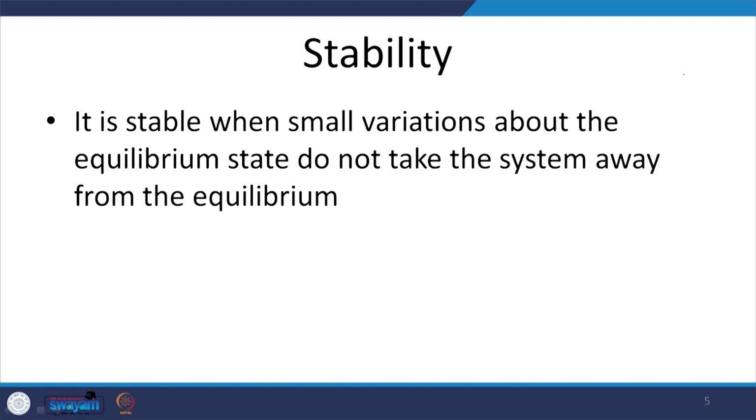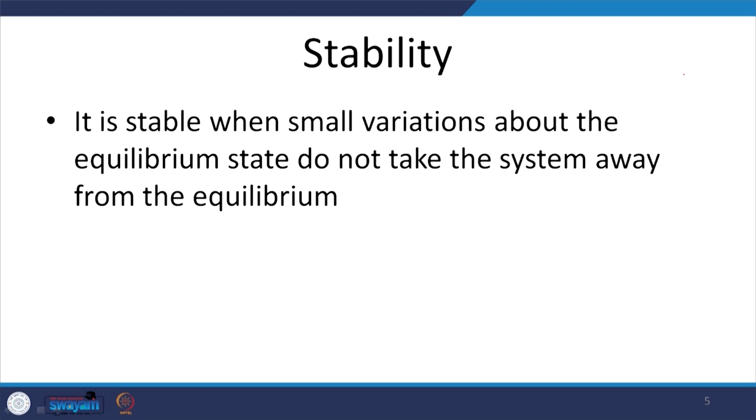So let's say it is stable. The equilibrium state can be called stable when small variations about the equilibrium state do not take the system away from the equilibrium, right. So what it means is that when you induce small variations, you cause any physical force to act on it, or you cause any small exchange of energy or heat into the system which is already in equilibrium, but due to these small fluctuations, the system doesn't deviate away from the equilibrium, it comes back to the equilibrium state, then you call that particular equilibrium state a stable equilibrium state.